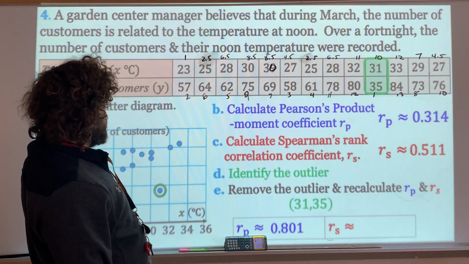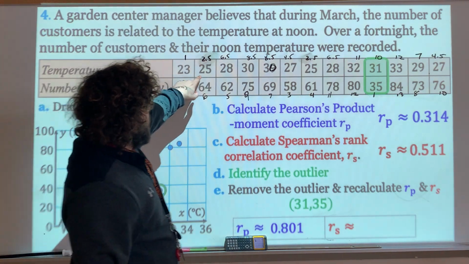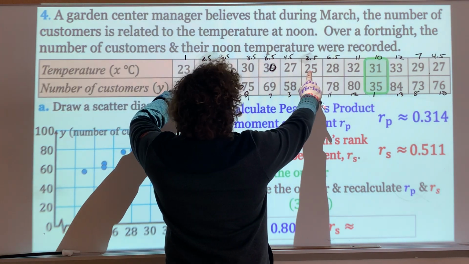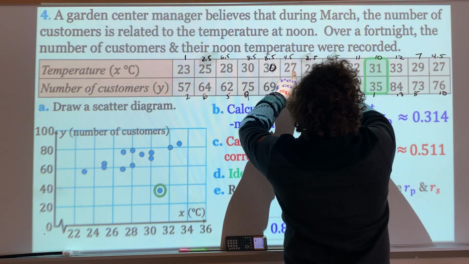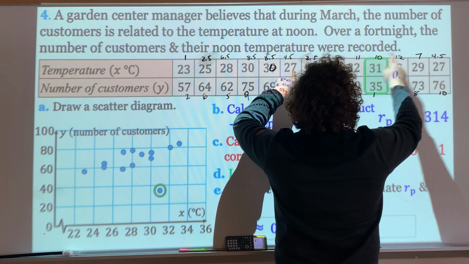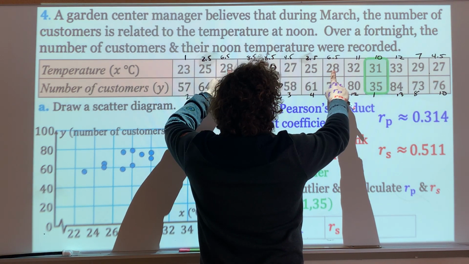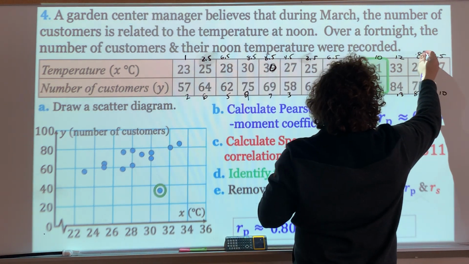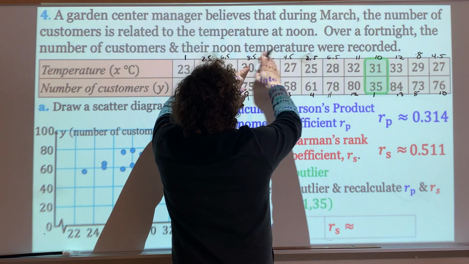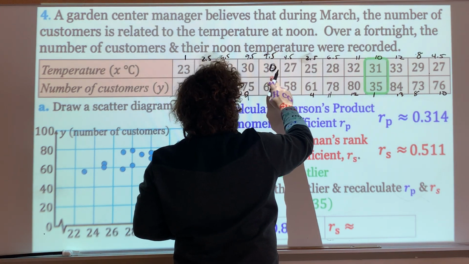Let's see where I messed the top up. You see it? Good. 1, 2, 3, 4, 5, 6, 7. Ah, 2 7s. 8, this is 9, 10. This is 9.5, 9.5, 9, 10.